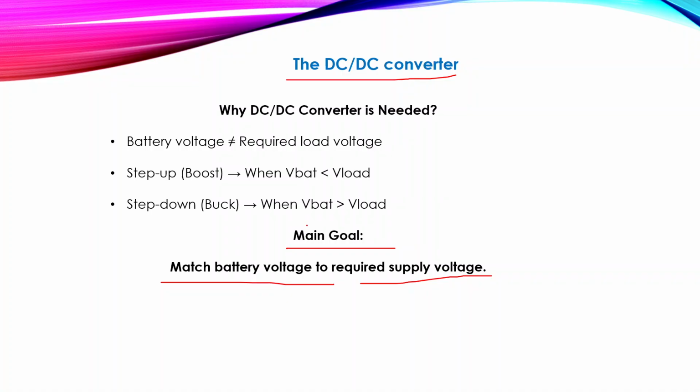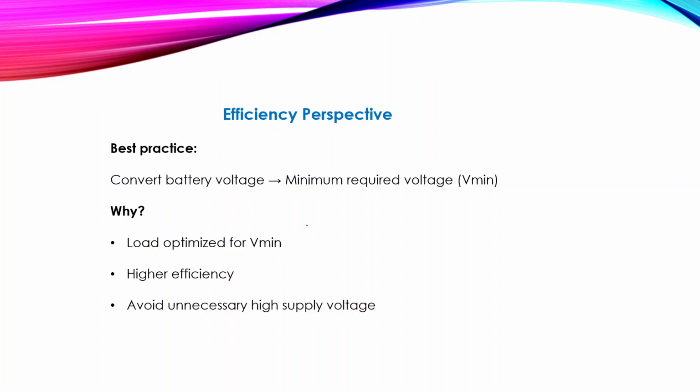Now, whenever you are using converters, efficiency is important. From the efficiency point of view, it is always better to convert the battery voltage to the minimum supply voltage required by the load. We call that V minimum. Operating the load at higher voltages than necessary wastes energy. Also, the load can be designed specifically for V minimum to improve efficiency.